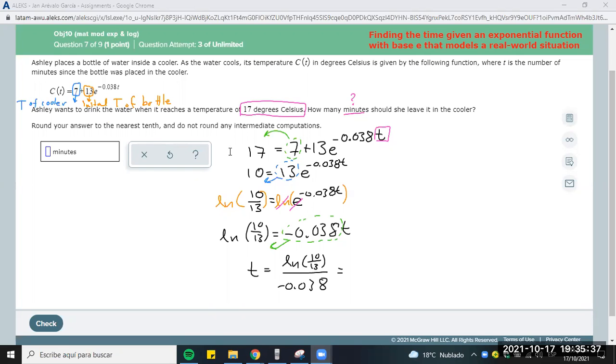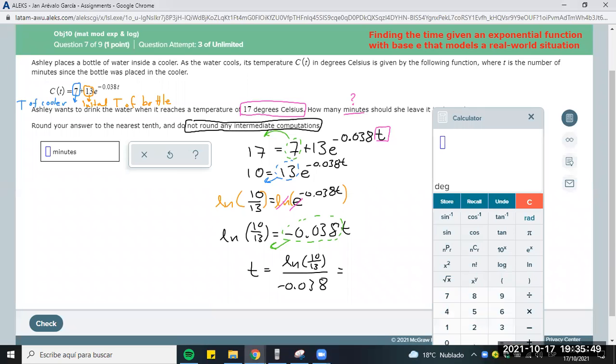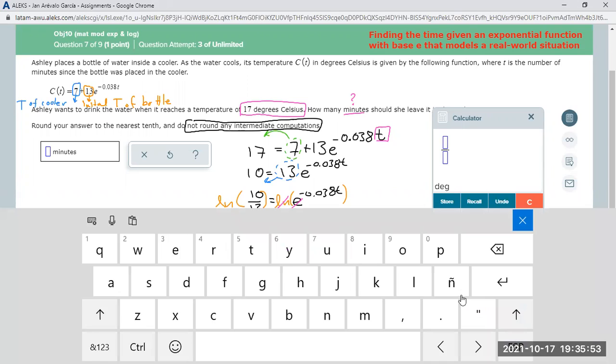Be careful with this. You do not round any intermediate computations. So we are going to write the whole expression in the calculator.